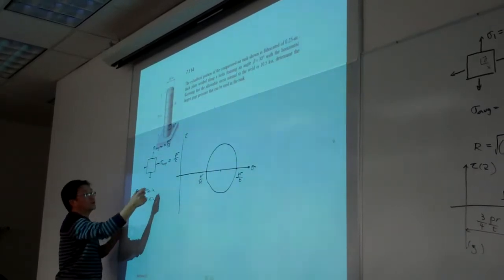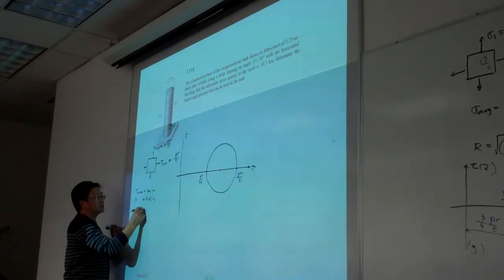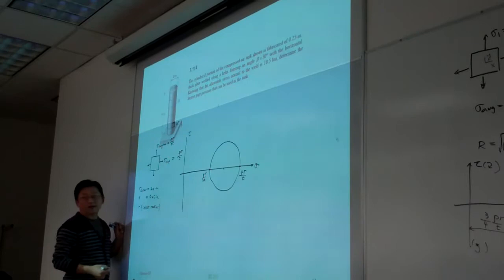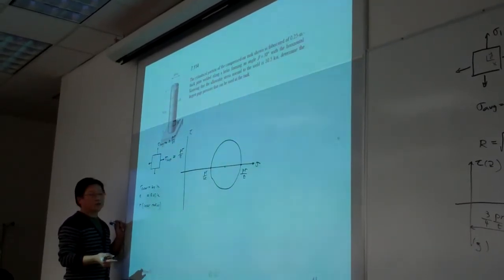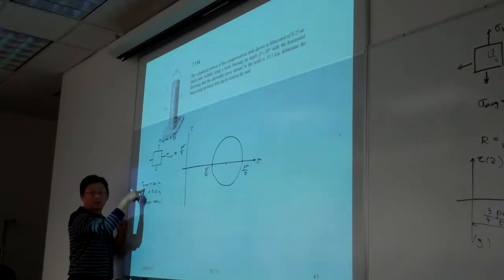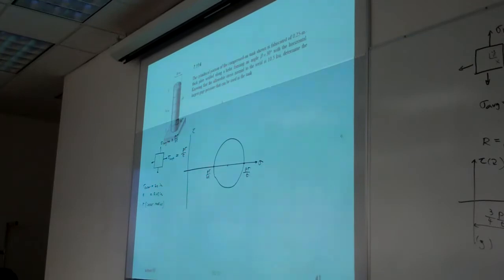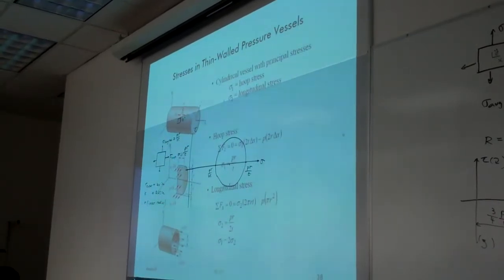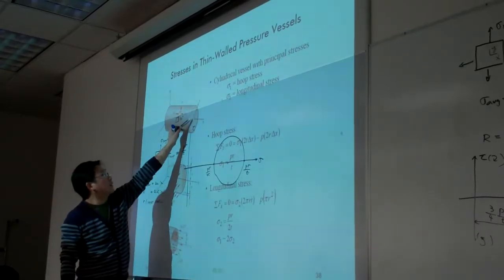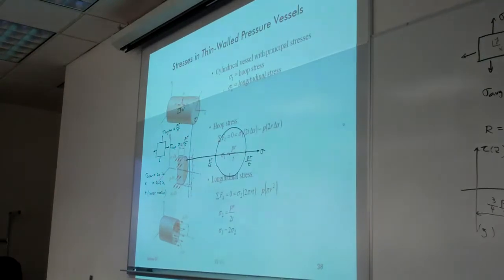So in our formula, R is the inner radius. Keep that in mind. Many times people make the mistake of picking R as the outer radius. No, R is the inner radius. Let me go to the previous page. Look at this one. In this formula, you can see R is the inner radius. Use this one carefully.